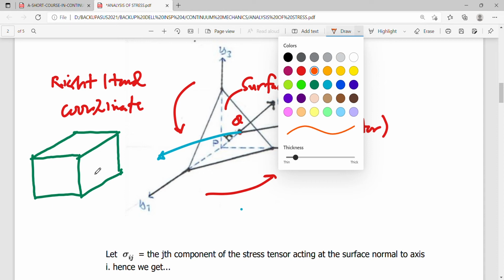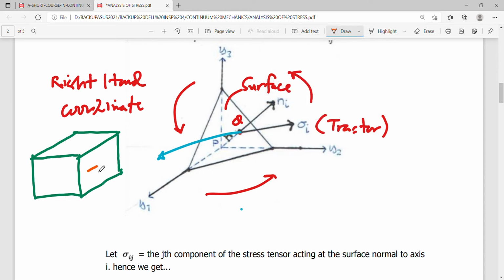So this is your face one. So we have here a shear directed on one and a shear directed on three.